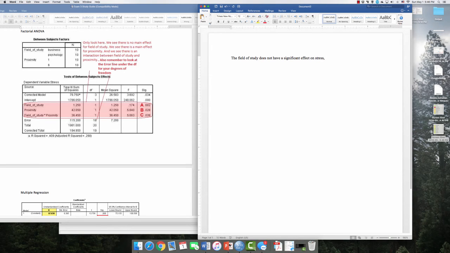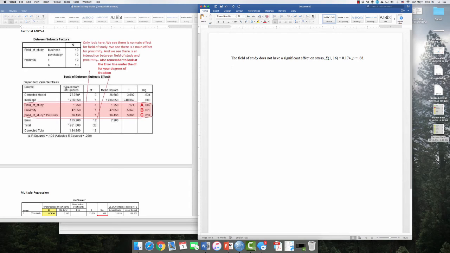So we come in, italicize the F, get our degrees of freedom, space equals 0.174, and then our p-value equals 0.68.